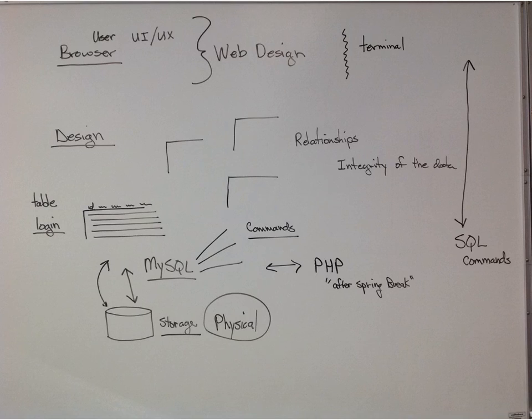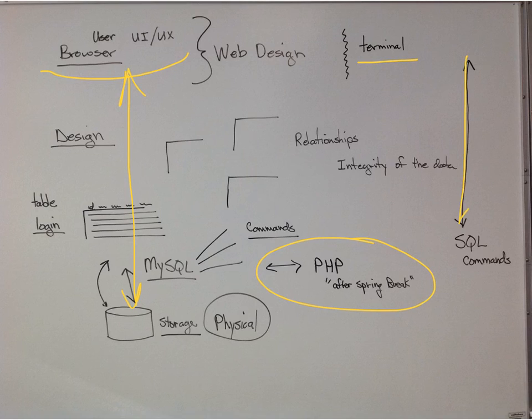Alright, I guess this is pretty much the same diagram. Let me highlight that again. We did the work from the browser, which wrote information to the database using PHP. And then we looked at that information from the terminal writing SQL commands.